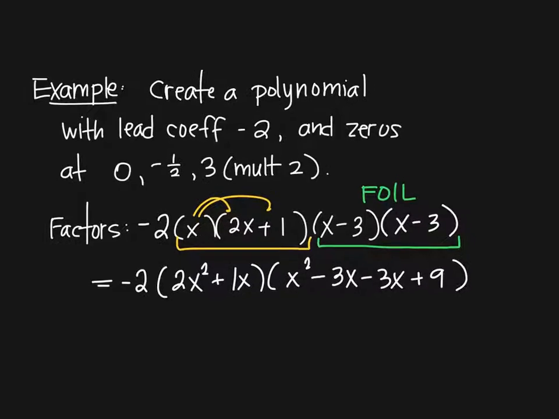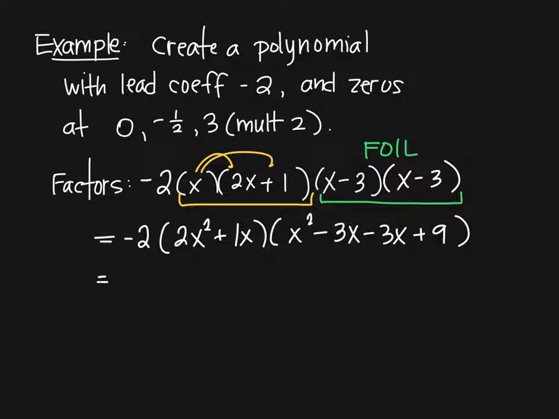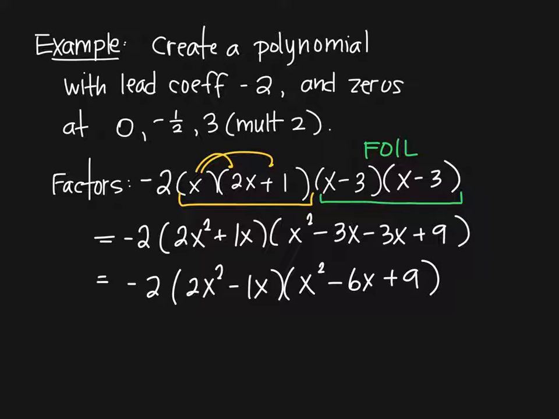Before I go to superFOIL, can we simplify? I would simplify the minus 3x's, so I'd have minus 6x plus 9. Get it all simplified. I'm going to save the -2 distributing for the very end. Save it for last.